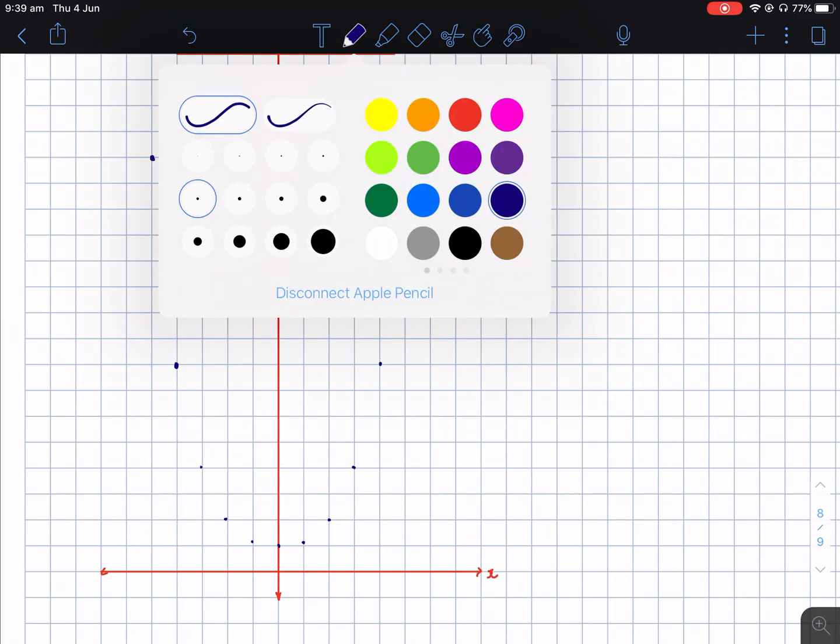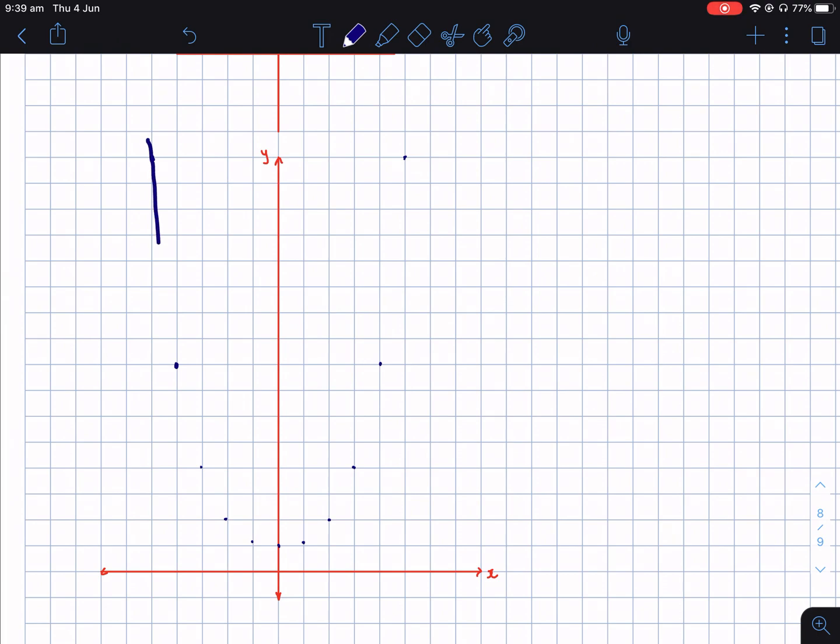So this graph, it's going to look weird. But I'm getting a shape like that.